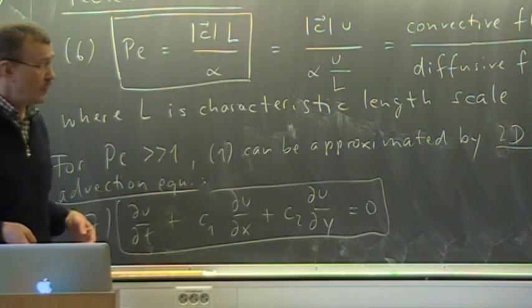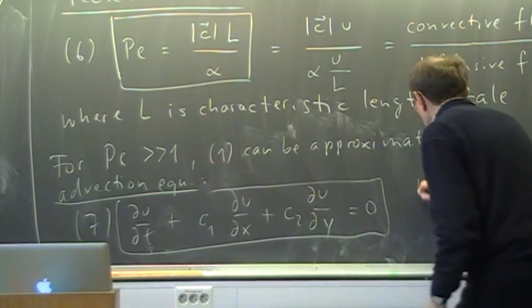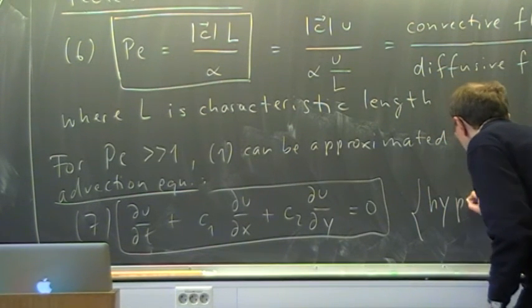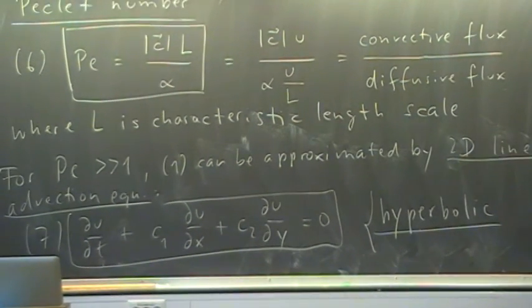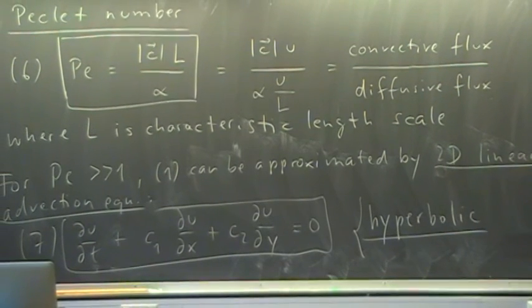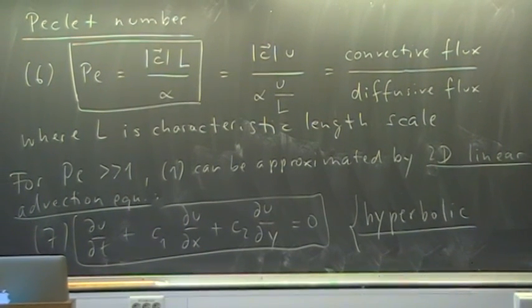So that is an example of a hyperbolic PDE. There we have just a transport, translation, and the quantity u is translated with the velocity vector c: c1 in x, c2 in y direction.